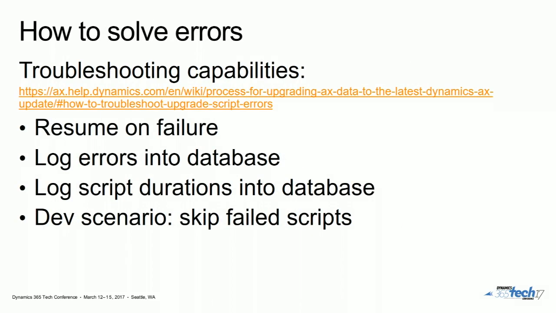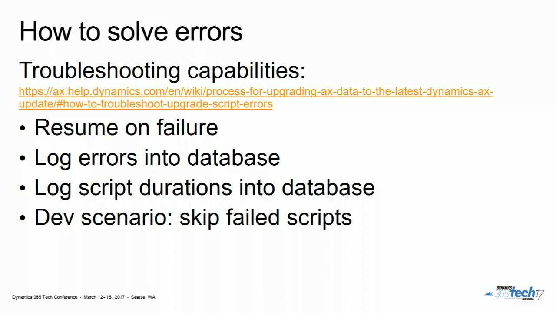On solving errors, this is another excuse to get a link into a slide that you take away. Running a data upgrade is normally very iterative, especially if it's a large database that's been around for a long time and the data might be kind of dirty. So we've built in specific newer capabilities to help with that iterative process.